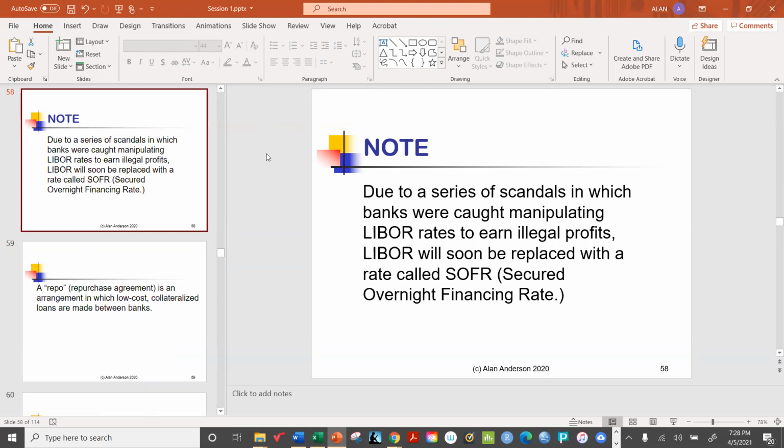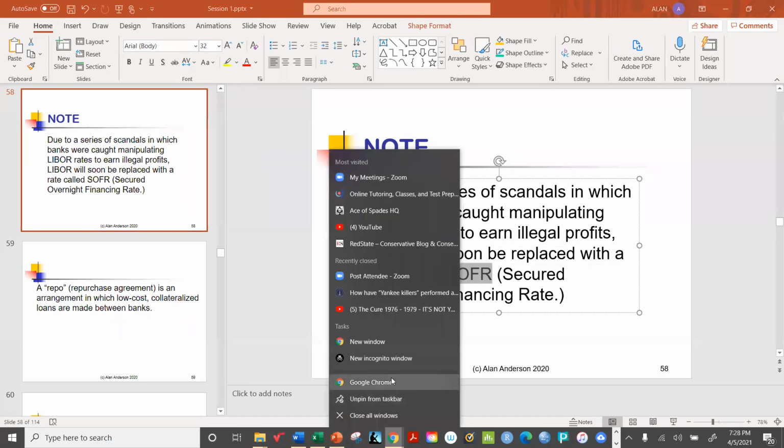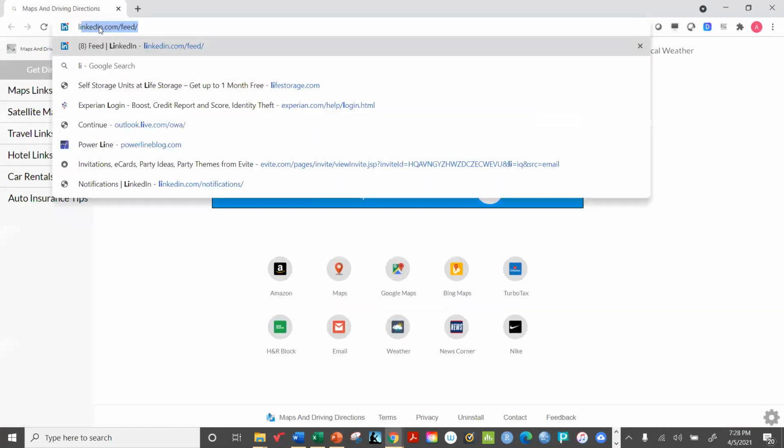And so now LIBOR is going to disappear very soon, to be replaced with other rates, one of which is called SOFR, which stands for the Secured Overnight Financing Rate. This is implemented by the Federal Reserve Bank of the United States, and so it is not susceptible to being manipulated. If you want to know more about this, there are articles on the internet. Let me just quickly see what we can find.